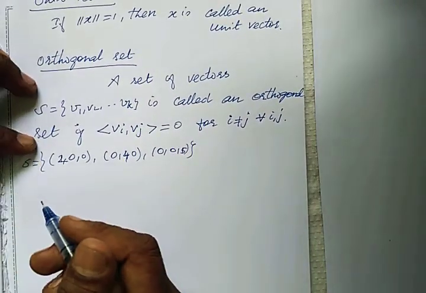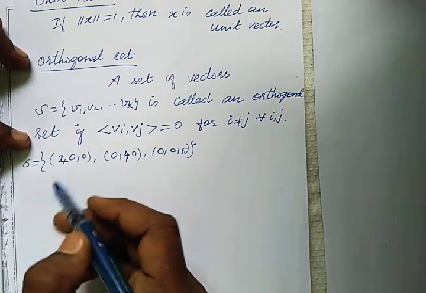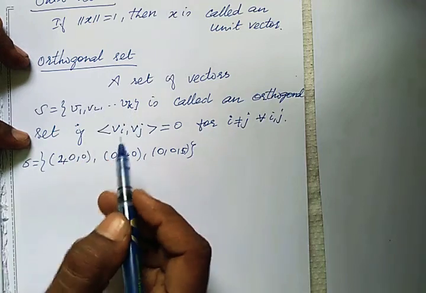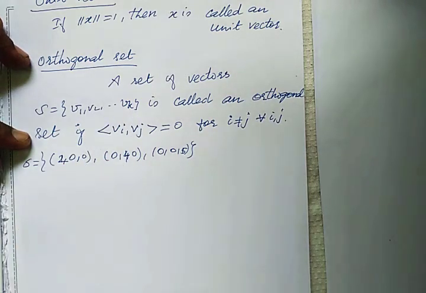Now, orthonormal set. Orthonormal means the set has to be orthogonal as well as each vector has to be a unit vector.